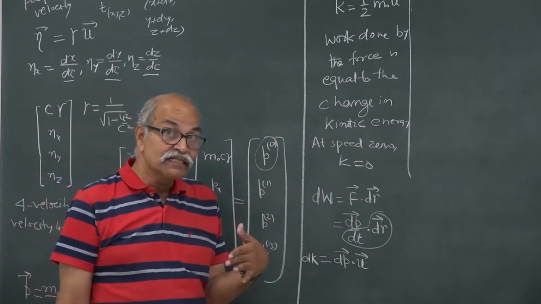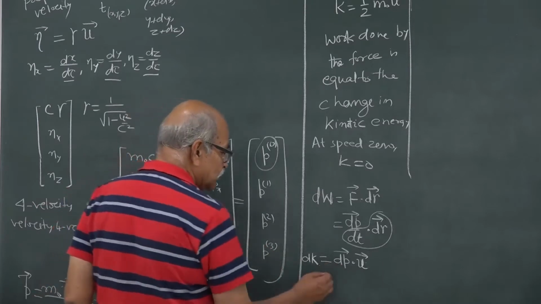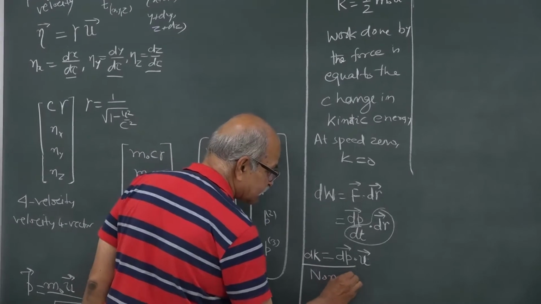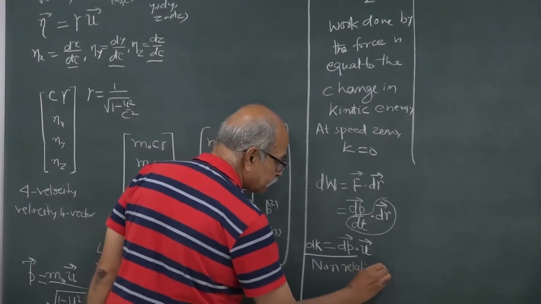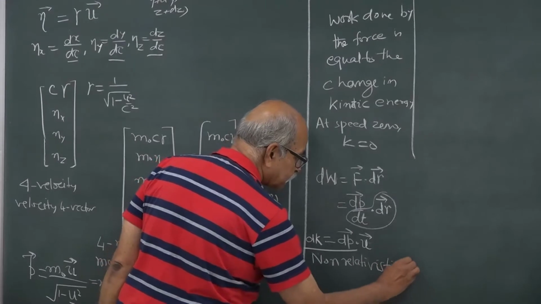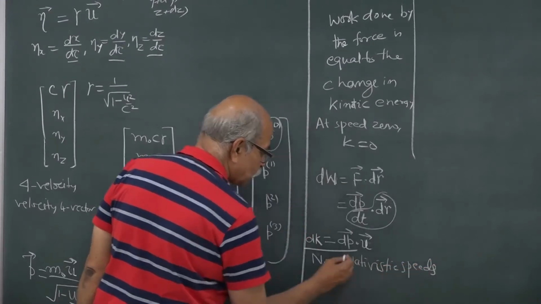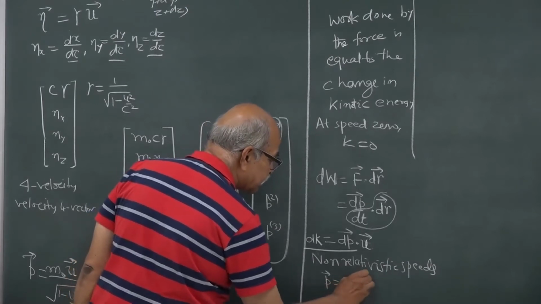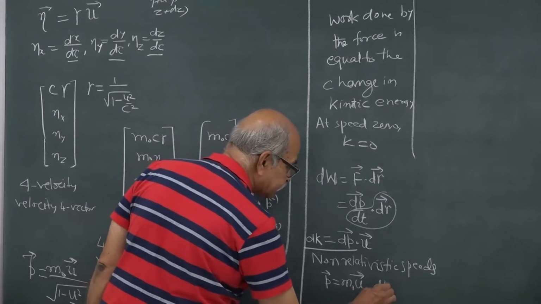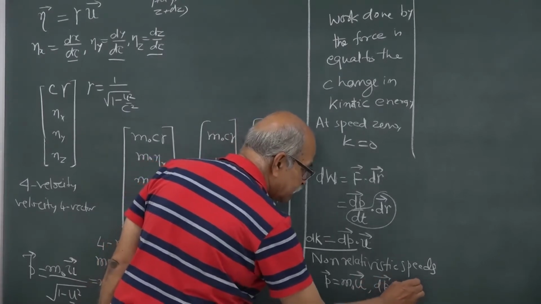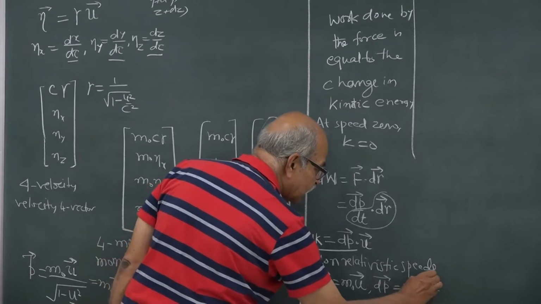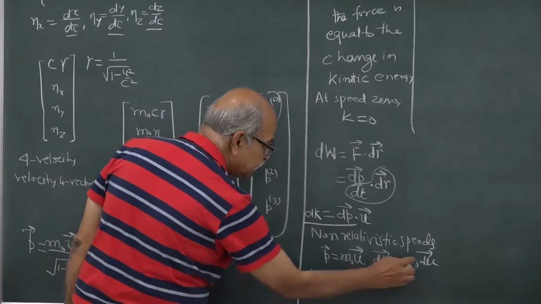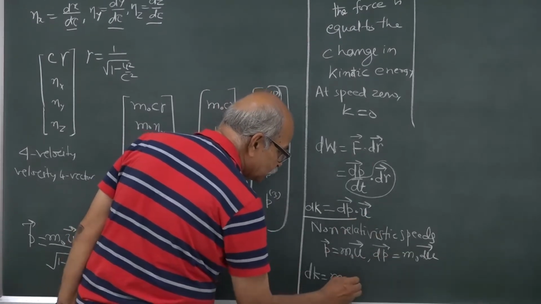Now, in non-relativistic speeds, what do we do? We say that for small speeds, non-relativistic, p is mass times velocity. So, this is p, and hence dp is m naught du, and therefore, this dK is m naught du dot u or u dot du.